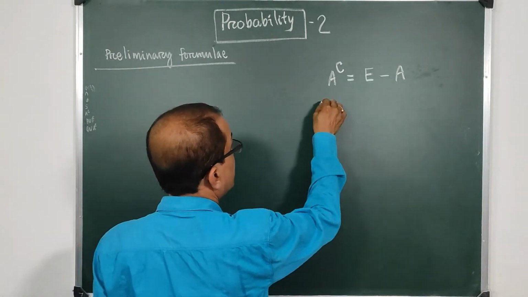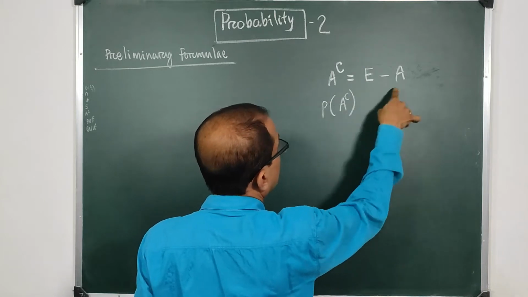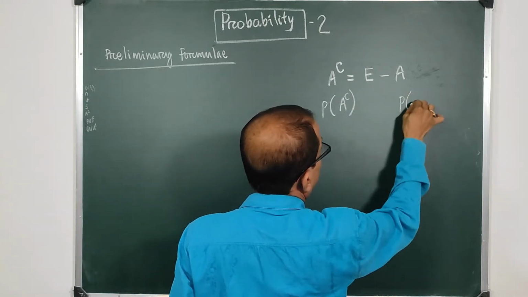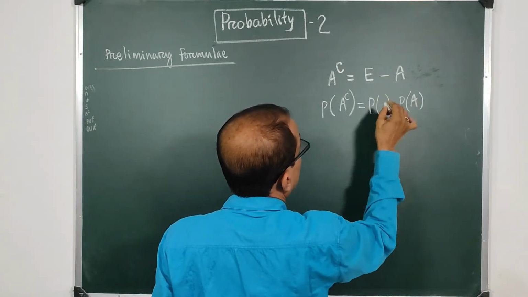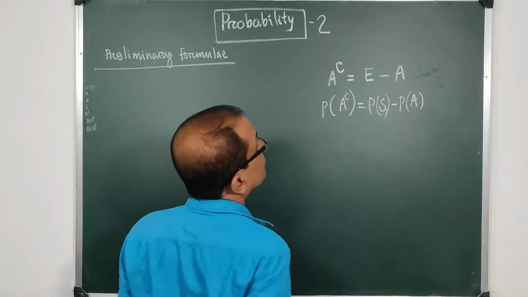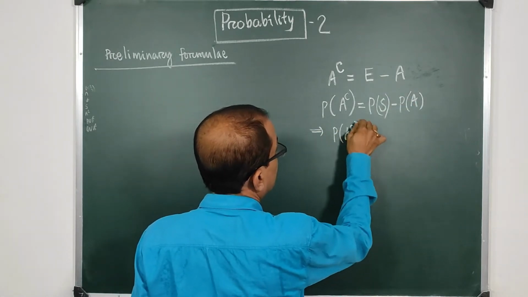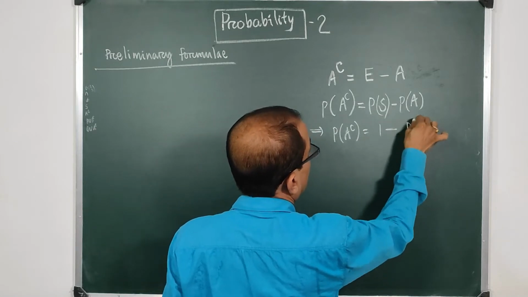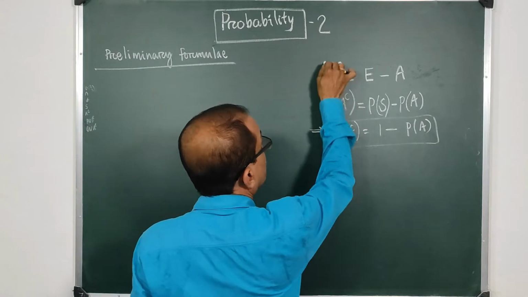In probability, if you use probability of AC and here for this you use probability of A, then you have to use probability of the universal set, which is here the sample space S, and this will give you P of AC is equal to 1 minus P of A. So this formula is equivalent to this formula.